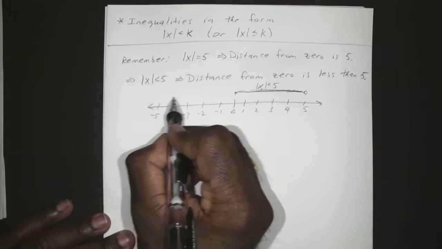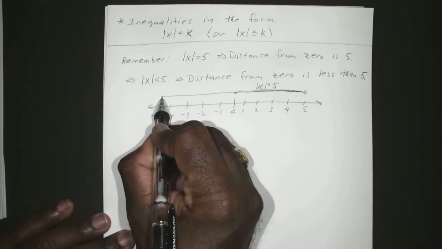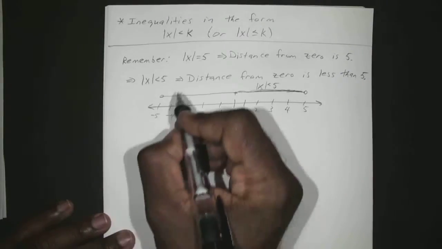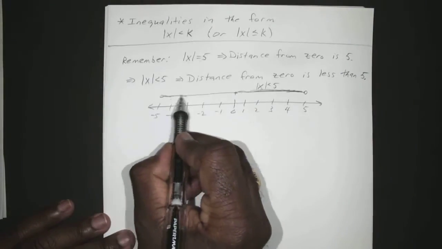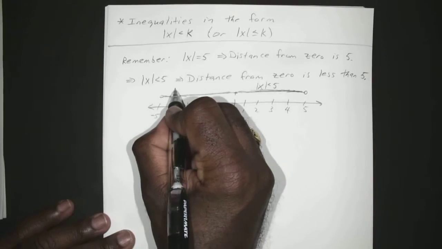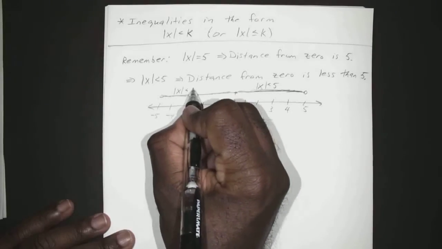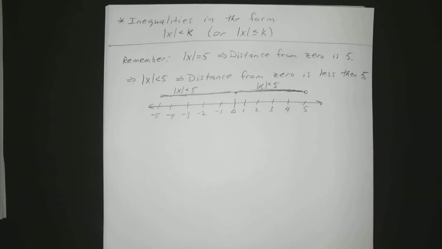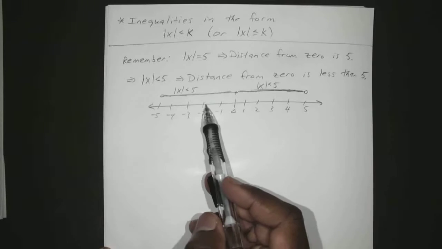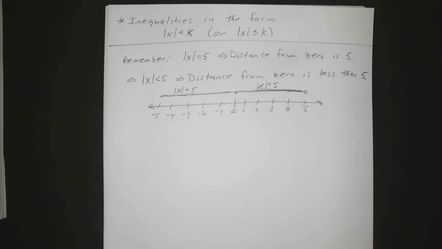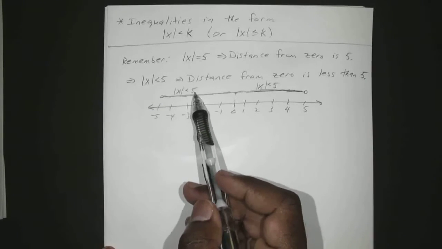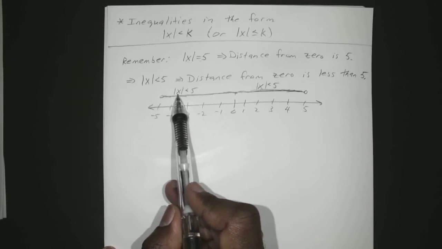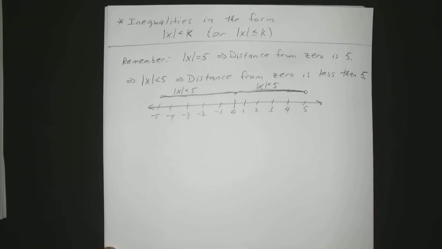Okay. Same thing with -5. If you go all the way in this direction, everything in here would make absolute value of x is less than 5 true. If you plug in -4, absolute value of -4 is 4, which is less than 5. Absolute value of -2 is just +2, and 2 is less than 5. So all of those values from here to here would be true.